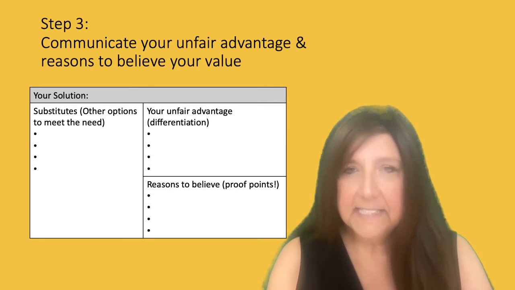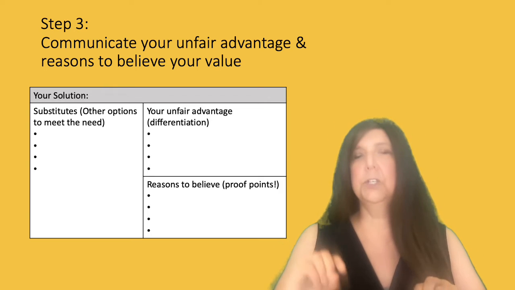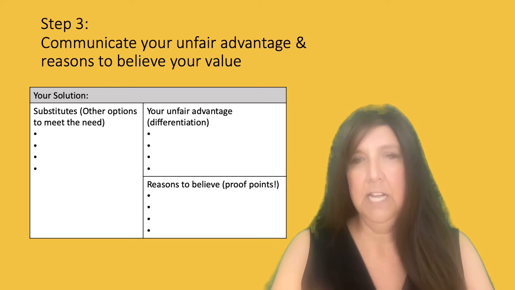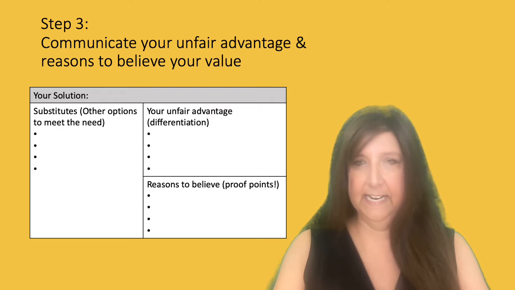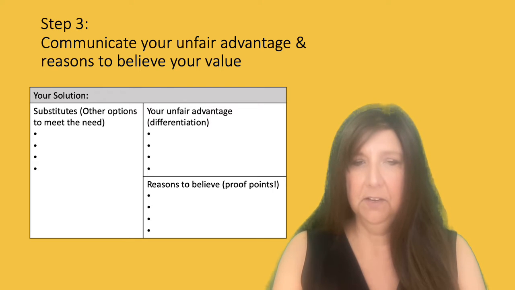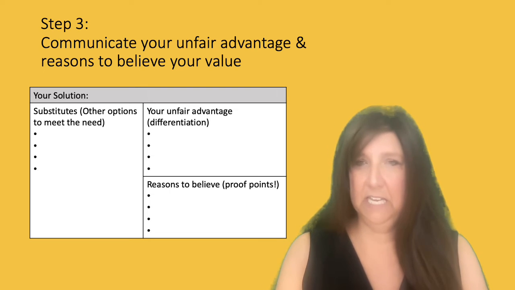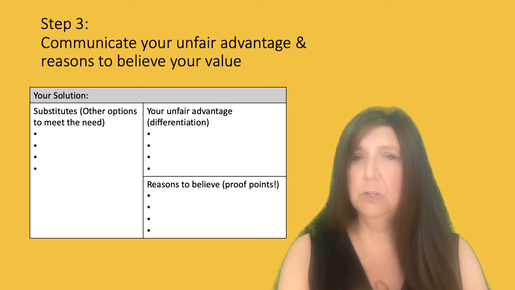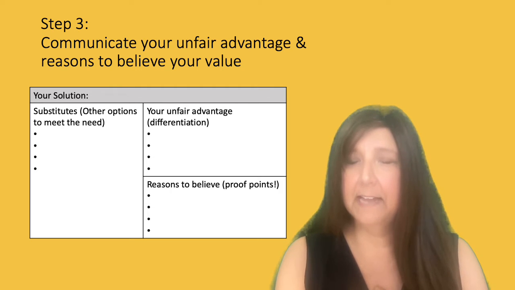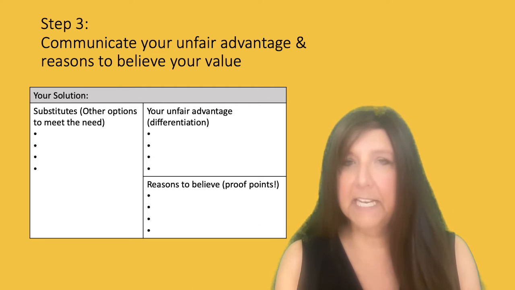Now, the last thing on this piece, step 3, is your reason to believe. Now, this is one of the things that I hear when I'm working with clients, when I'm working with students. What do you mean by this? The reason to believe is I, as a consumer, need to understand that you're just not like everybody else.